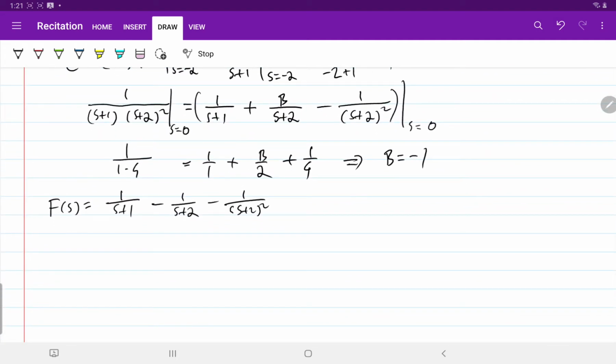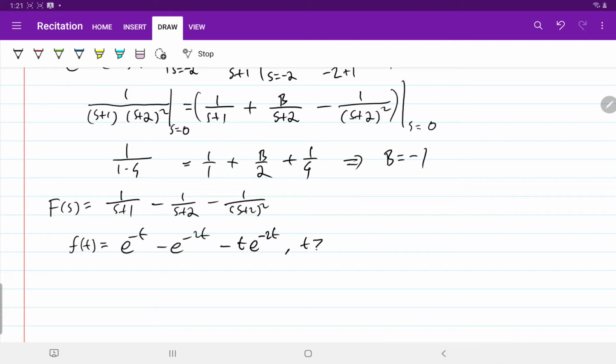To find f of t, you can use the Laplace transform table. 1 over s plus 1 is e to the power minus t, and then minus e to the power minus 2t, and then 1 over s plus 2 squared is minus t times e to the power minus 2t.